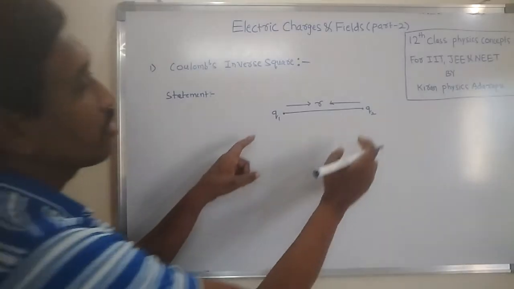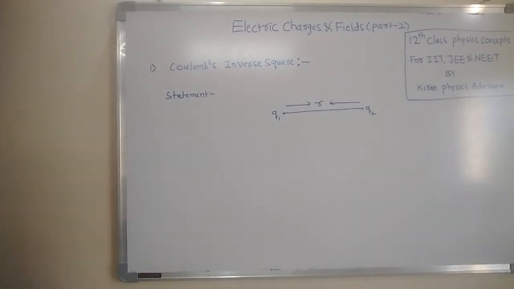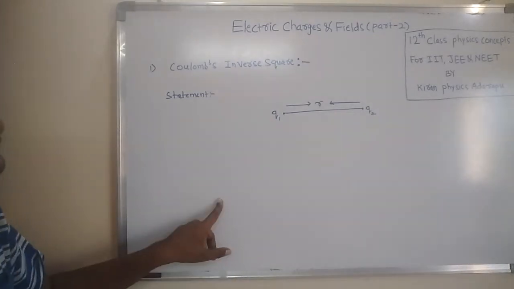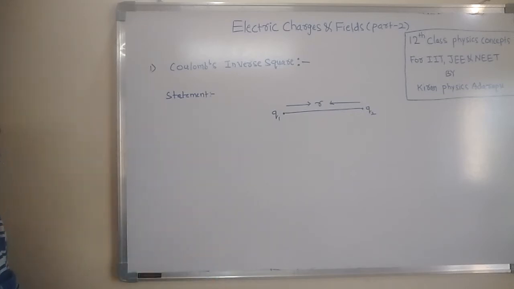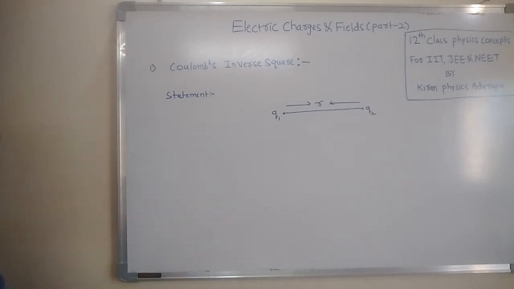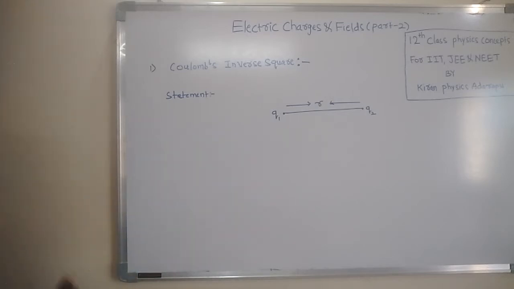Then between these two charges, a force of attraction or repulsion exists. Why? Because based on the properties of electric charges, between any two charges there always exists a force of attraction or repulsion. Between two like charges there always exists a force of repulsion, and between two unlike charges there always exists a force of attraction.